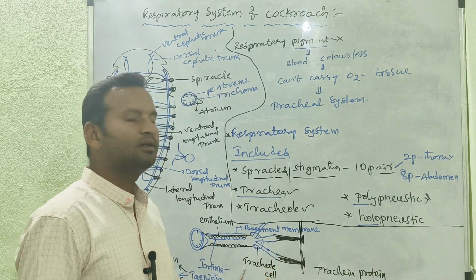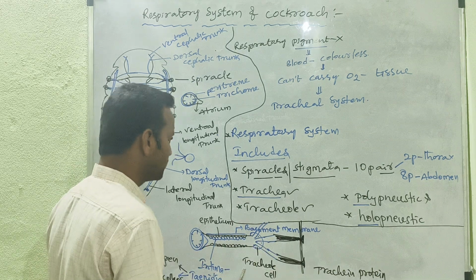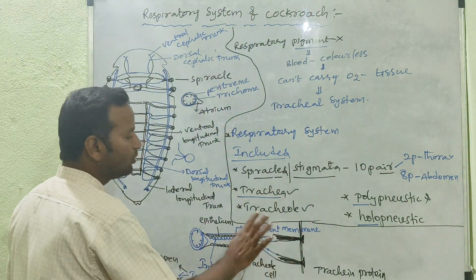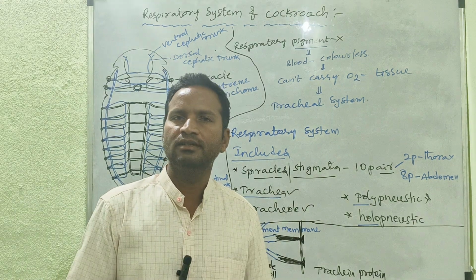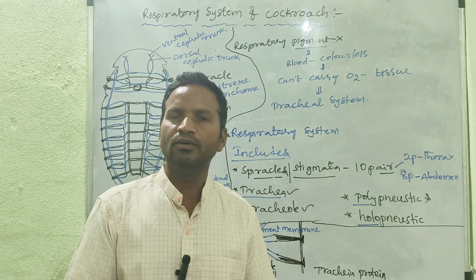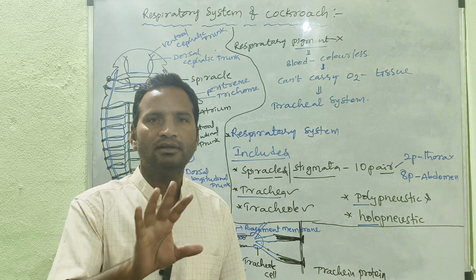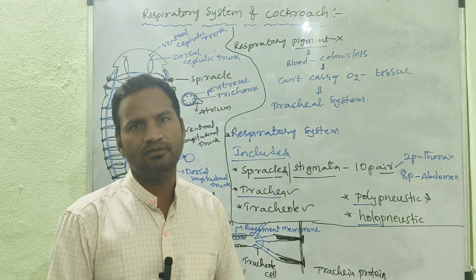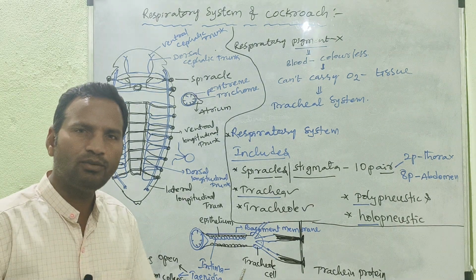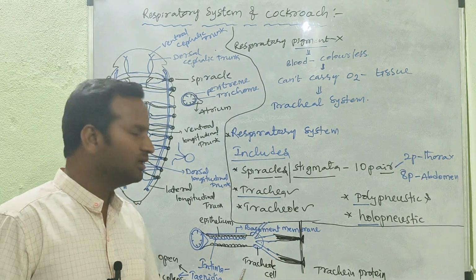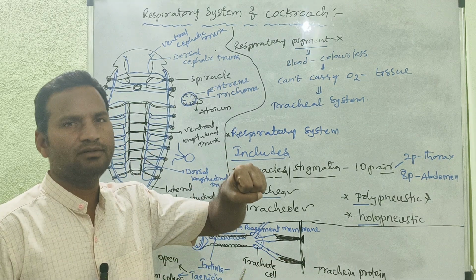This is about the tracheole and the tracheal system. The next one is one of the most important points here: in the tracheoles there is no intima. If there is no intima, it cannot possess taenidia. If there are no taenidia, then it cannot prevent the collapse, since the function of taenidia is to keep it always open and prevent collapse. Without taenidia, it will be closed.